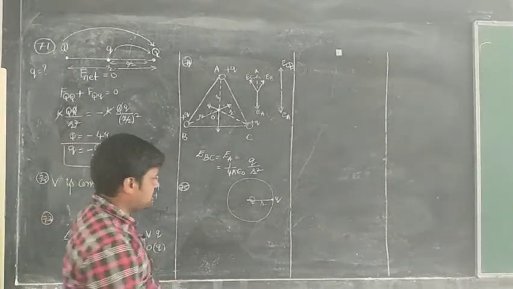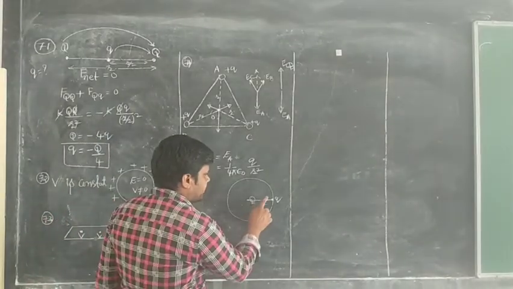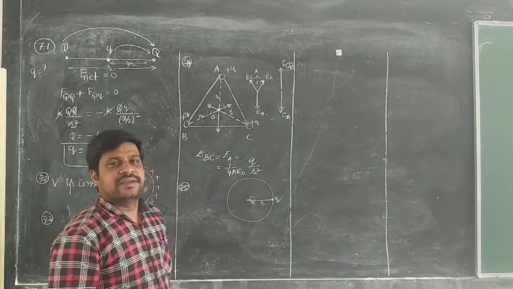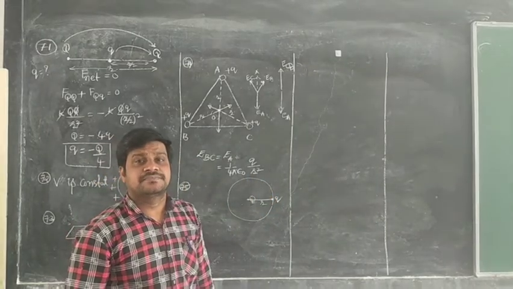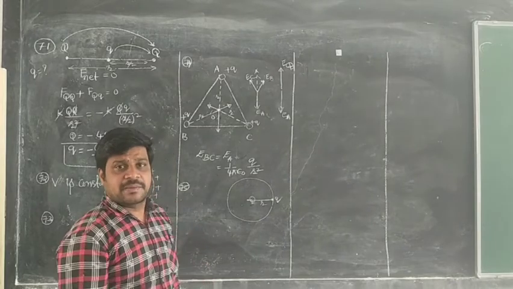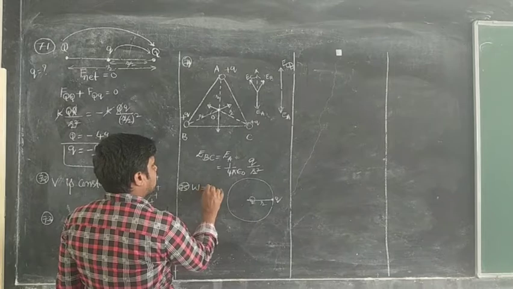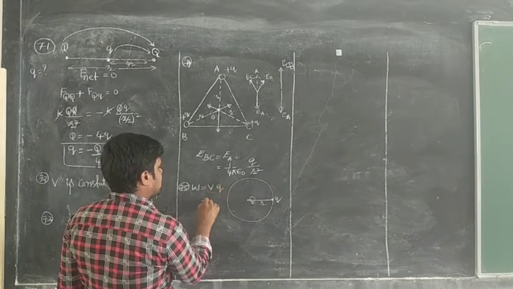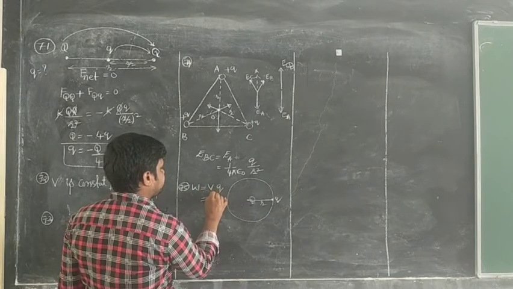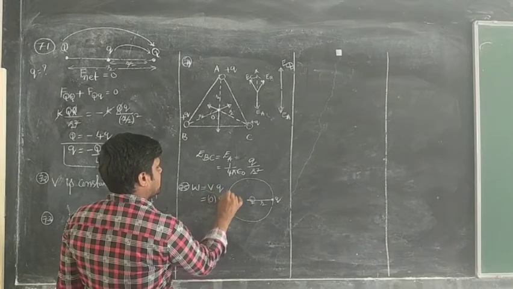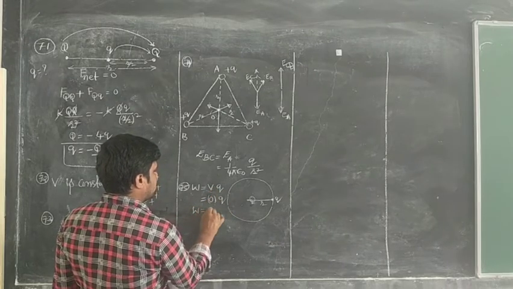Now you see here, due to this charge on the circular path, at every point the electric potential is the same. If the electric potential is the same, work done is nothing but potential difference into charge. So potential difference is nothing but 0. So work done is equal to 0.